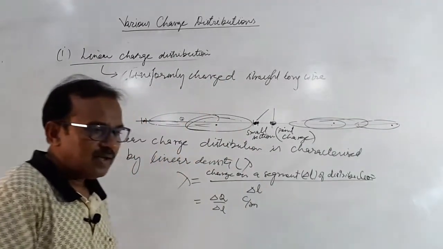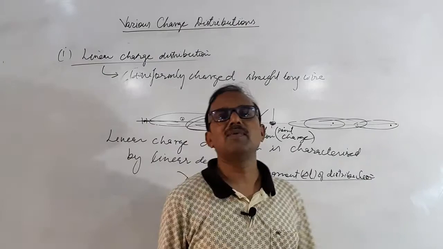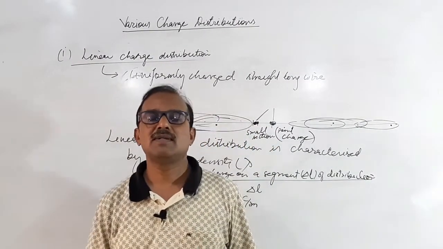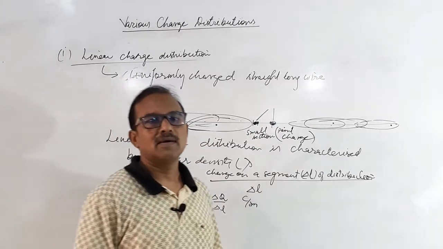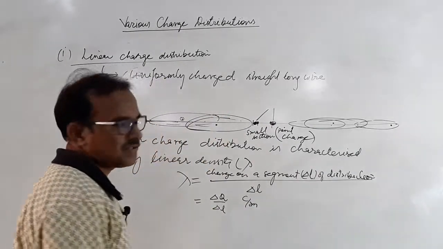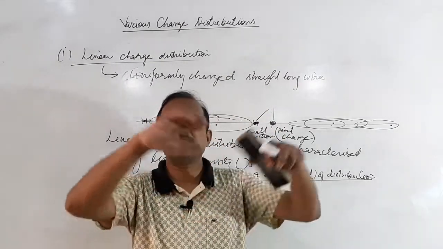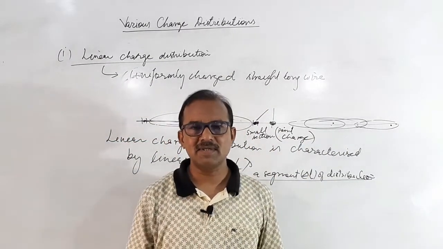Similarly, if charge is distributed uniformly on a surface, a plane sheet or large sheet, then certainly it is surface charge distribution. This may not be a sheet; it may be a large spherical surface.